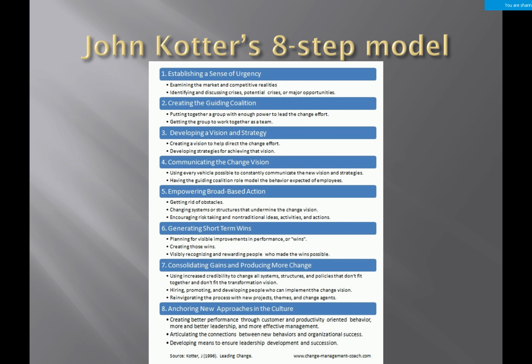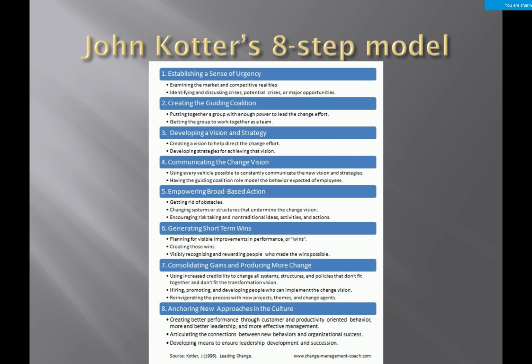Fourth step is communicating the change vision. Number 5 is empowering broad-based action. Number 6 is generating short-term wins. Number 7, consolidating gains and producing more change. Number 8 is anchoring new approaches in the culture. Number 8 is actually sustaining. It's just saying it a different way.